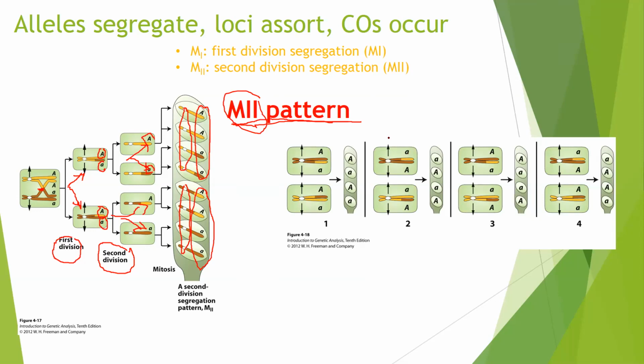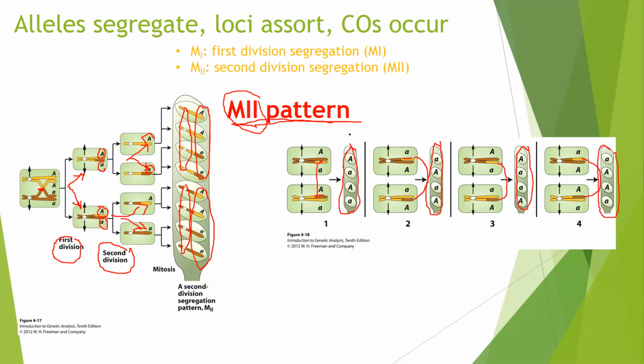There are multiple ways to produce the M2 pattern. If this one crosses over with this one, either way, or if this one crosses with this one, it can generate different patterns, but they all show this M2 pattern.